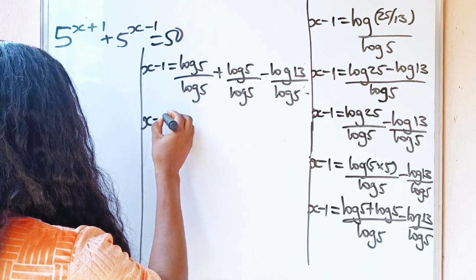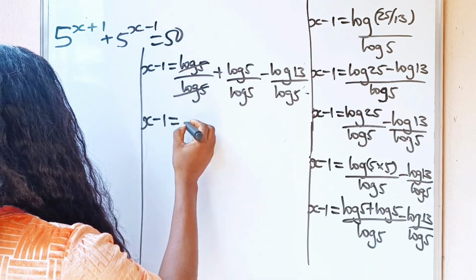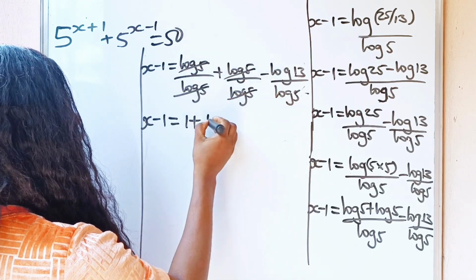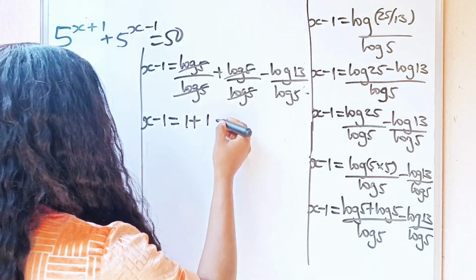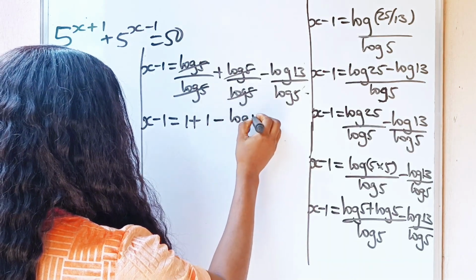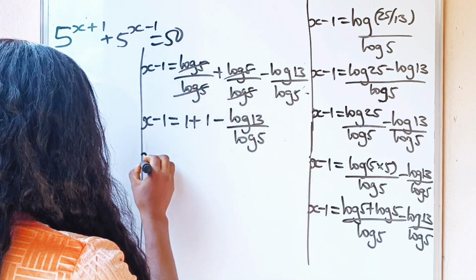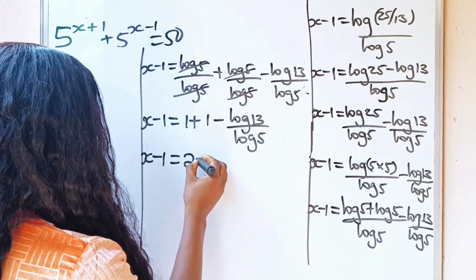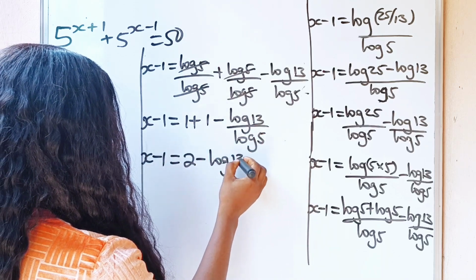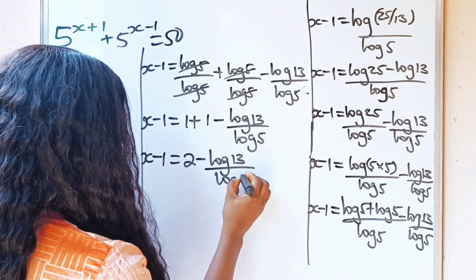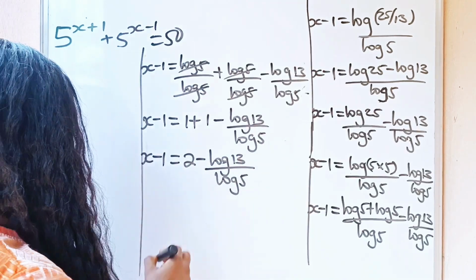So we have x minus 1 is equal to, this we divide this to give us 1, this we divide this to give us another 1, minus log 13 divided by log 5. So x minus 1 is equal to 2 minus log 13 divided by log 5.